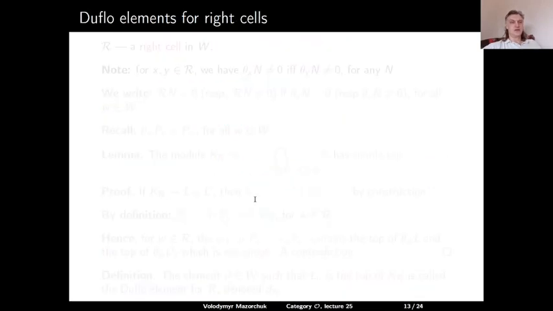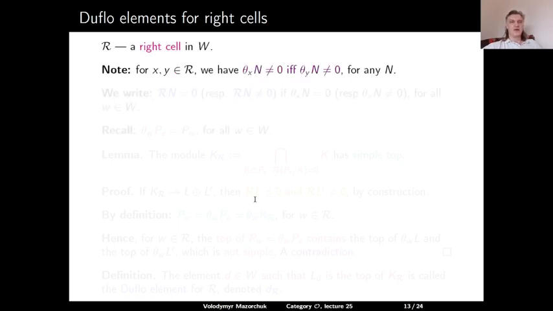So now let us talk about Duflo elements in right cells. Let R be a right cell in W. Let us note that because it's a right cell, for any module N and any two elements x and y in R, the projective functor theta_x annihilates N if and only if the projective functor theta_y annihilates N. This is because theta_x belongs to the ideal generated by theta_y, and then after it we can take anything from P, and vice versa.